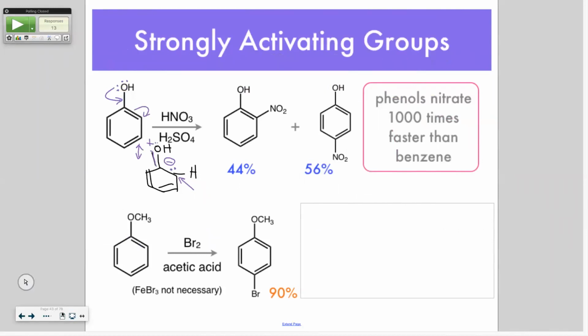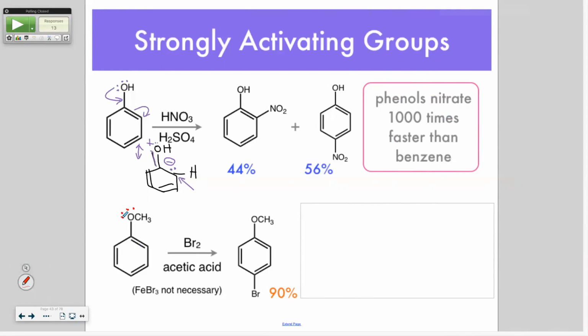Okay, this is anisole. Anisole, you'll see, also has 2 lone pairs on the oxygen attached to the benzene ring. Okay, and when they put a halogen on there, it reacts without using the Fe.